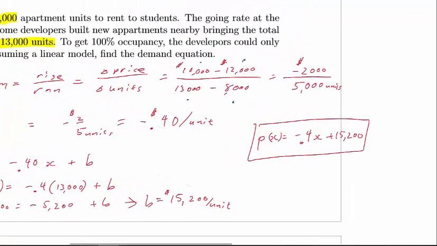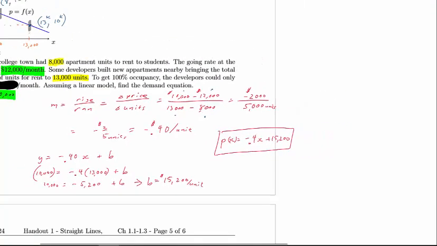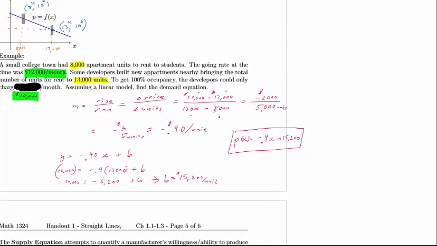Now, note that if you're in control of, say, the one with the original 8,000 units, you can drop the number of units available, and you will have control over the price that people are willing to spend.